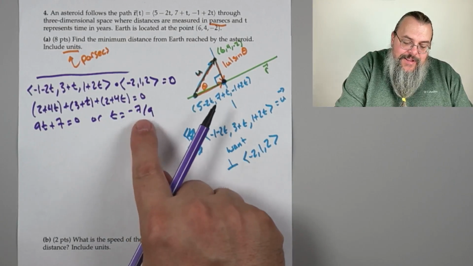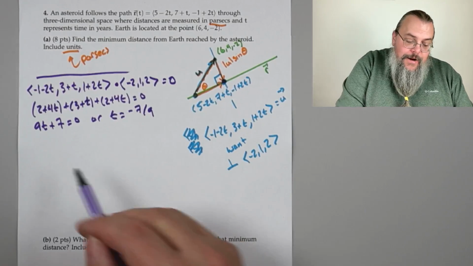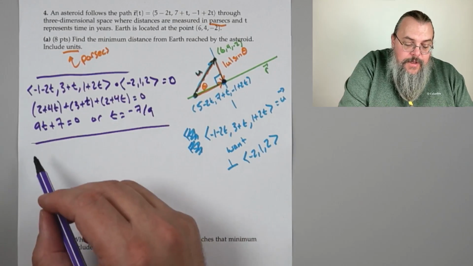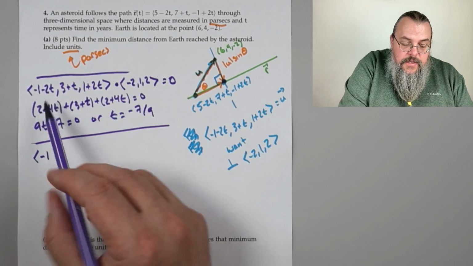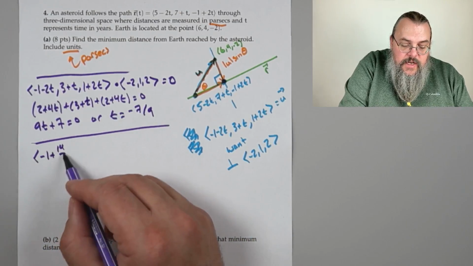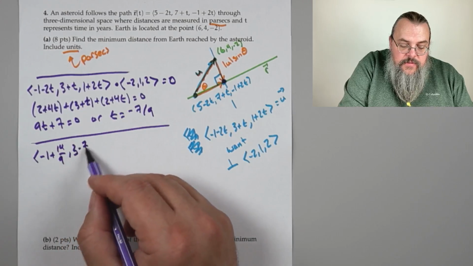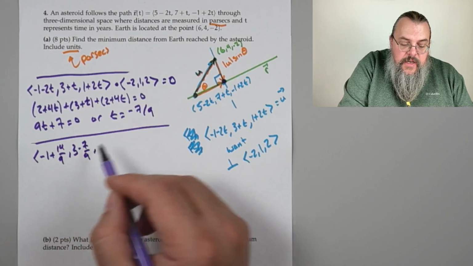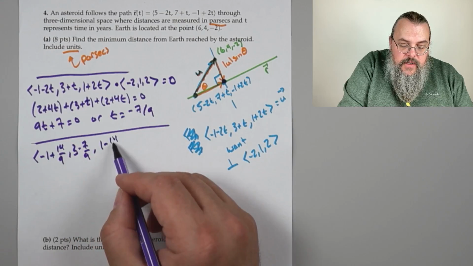I can take this -7/9 and plug it into there. Doing that, we end up with -1, and then -2 times -7/9, that's 14/9. Then we have 3 minus 7/9, and then 1 minus 14/9.